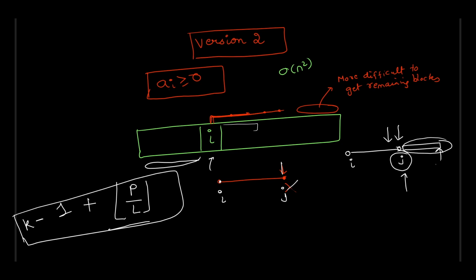If you consider zero based indexing, the last element is n minus 1, so the count of elements on the right hand side is n minus 1 minus j, right? And we have agreed that the maximum number of blocks that you can create on the right hand side is Q by L, right?